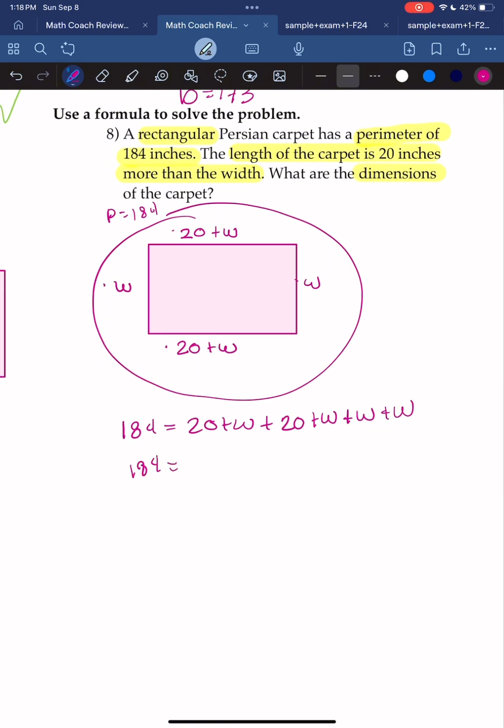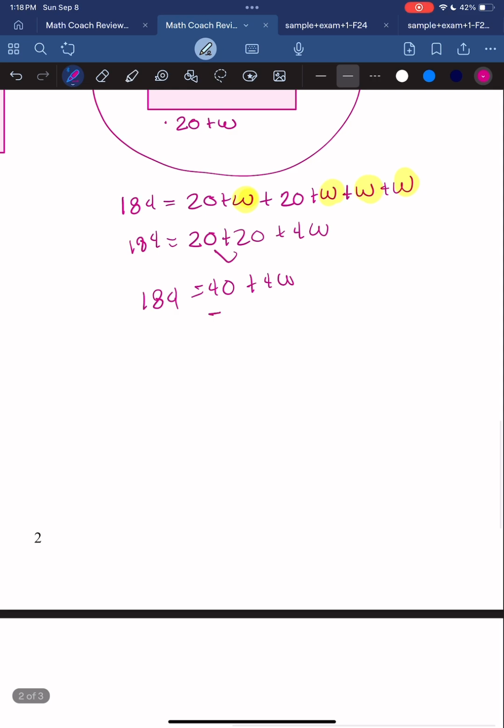So now we combine like terms. So there's 1, 2, 3, 4 w's. So that's going to be 20 plus 20 plus 4w. And then 20 plus 20 is 40. 40 plus 4w is 184. And then subtract 40.